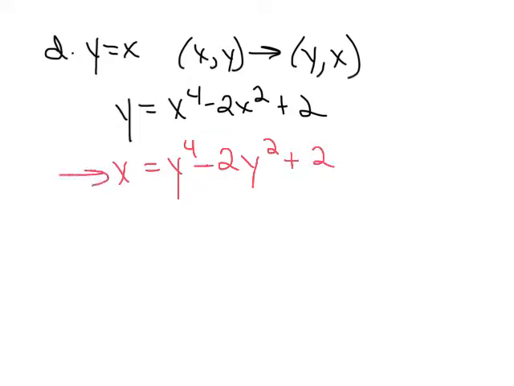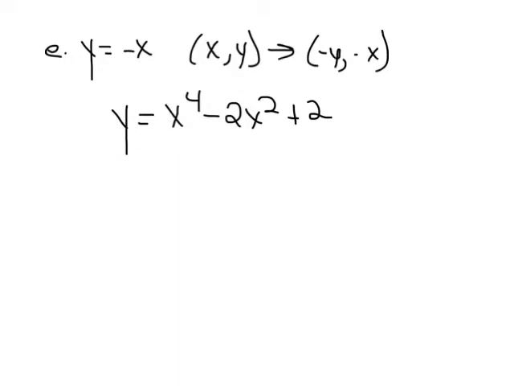This is nowhere near the same as this. Even if I were to try to solve for y, I would not end up with the same expression. Just for starting out, if I were to subtract the 2 right away, it's not going to work out. So this is not symmetric over the line y equals x.